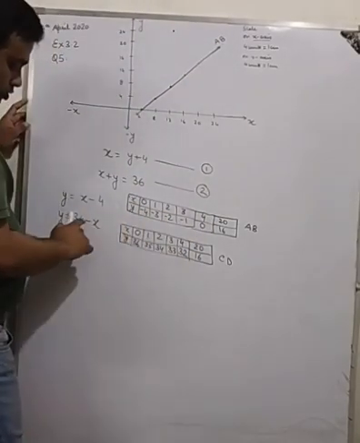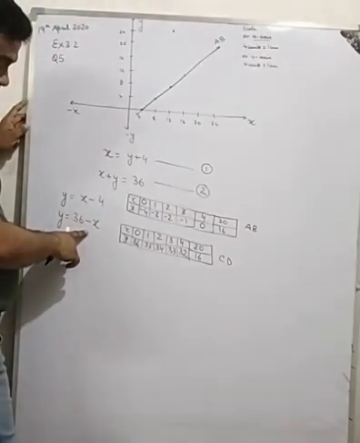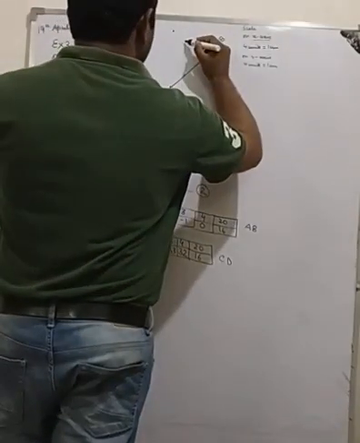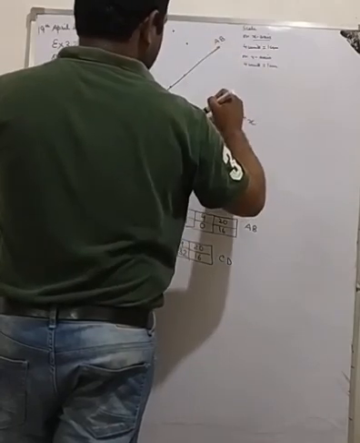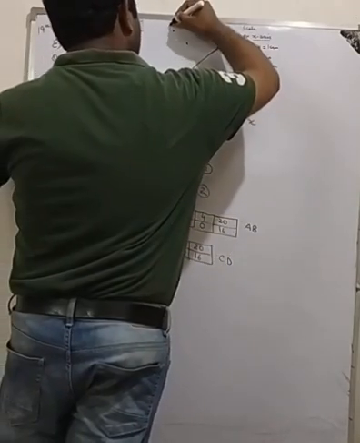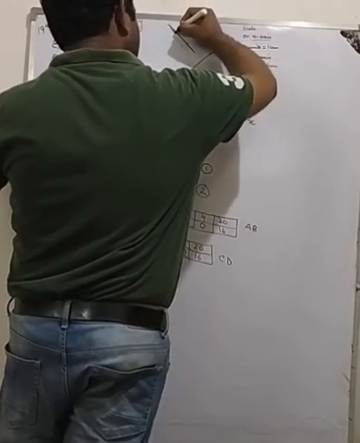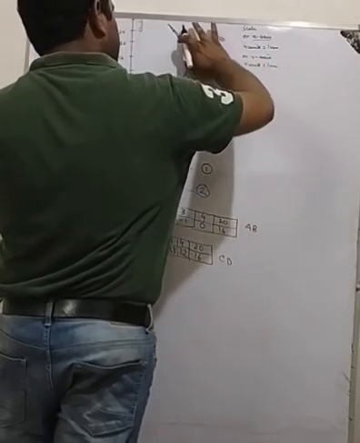And x is equal to 16, this will come 20. And at x is equal to 20, so this graph will go like this.